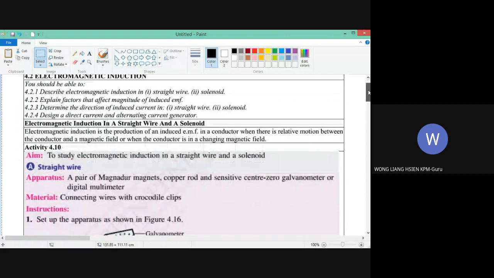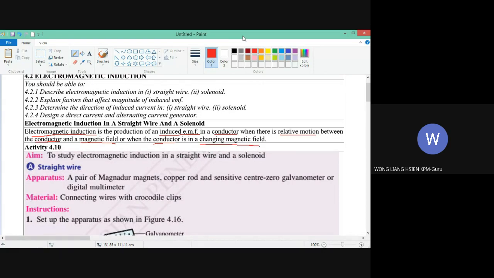So what is electromagnetic induction? Electromagnetic induction is the production of an induced EMF in a conductor when there is relative motion between the conductor and a magnetic field, or when the conductor is in a changing magnetic field.